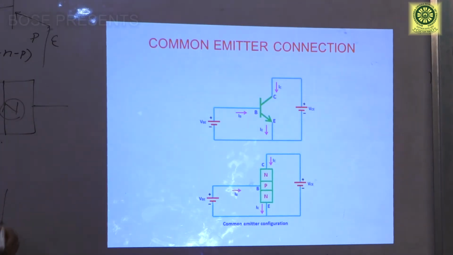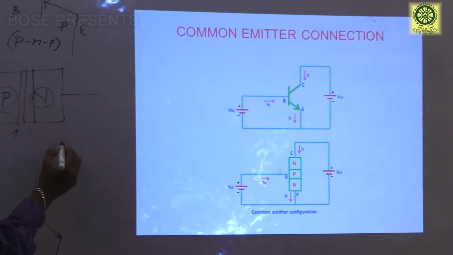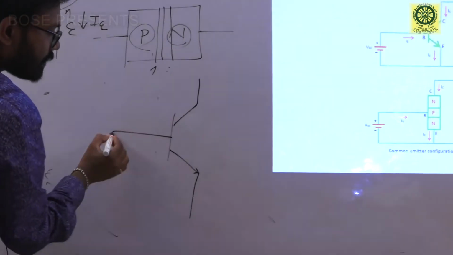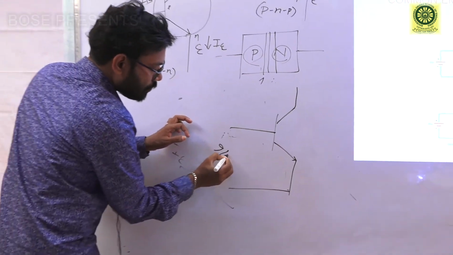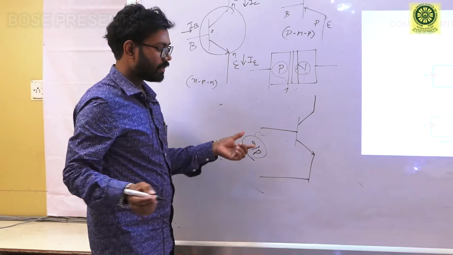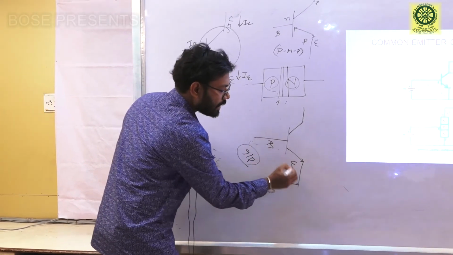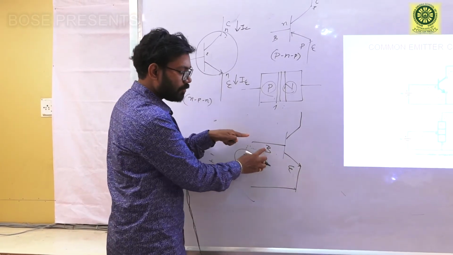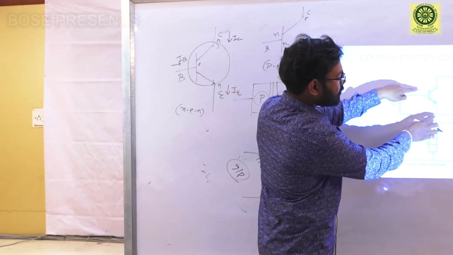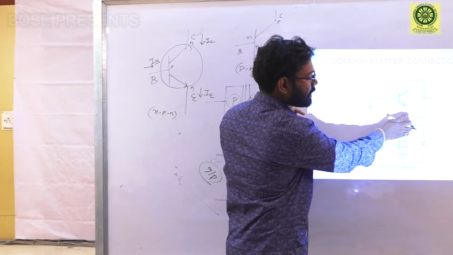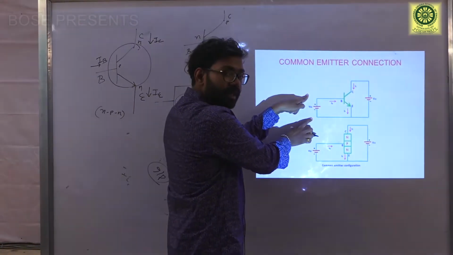Just take a transistor and place it like that. In this case we are providing the input between base and emitter, the input VBE.